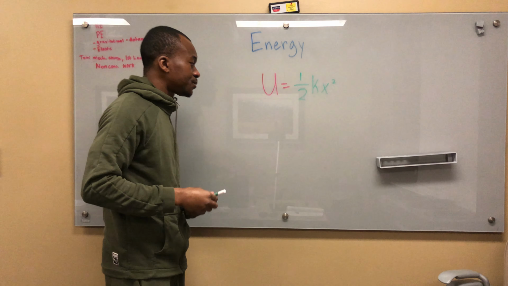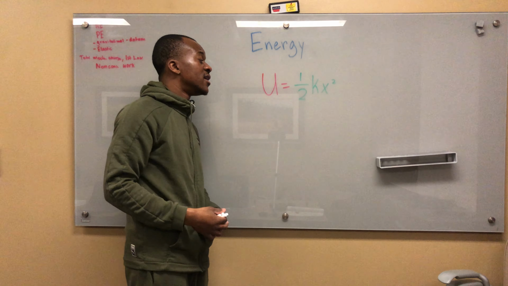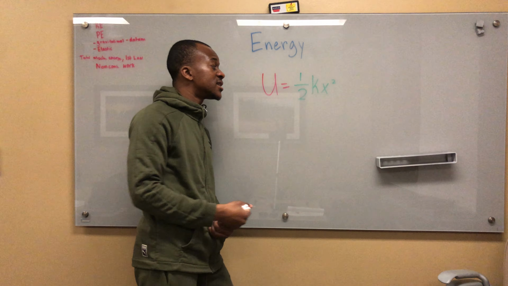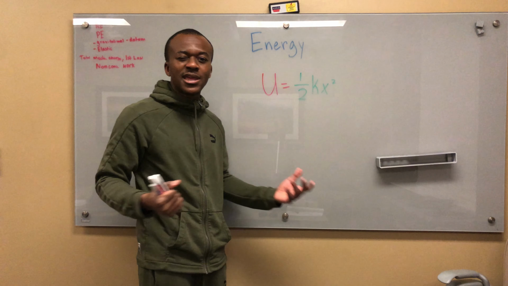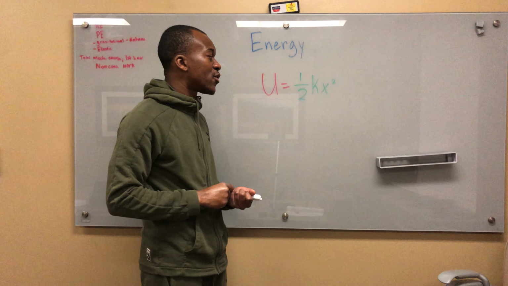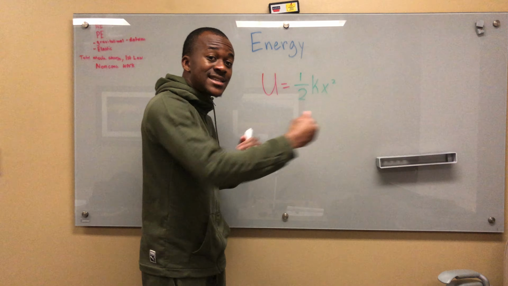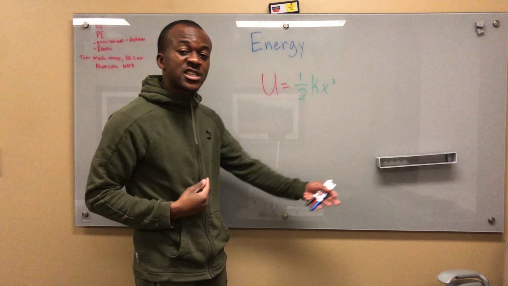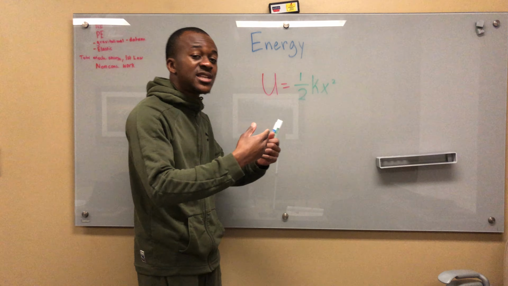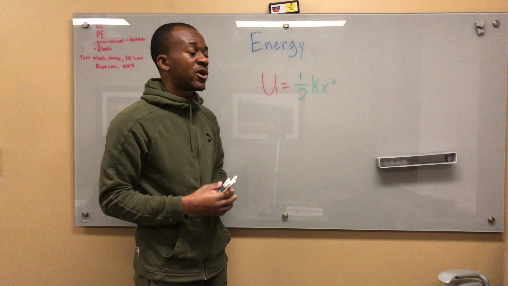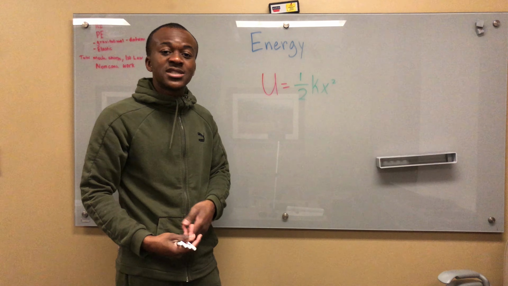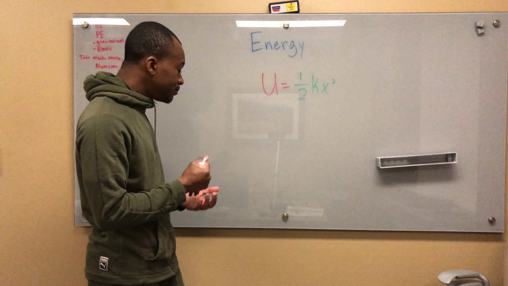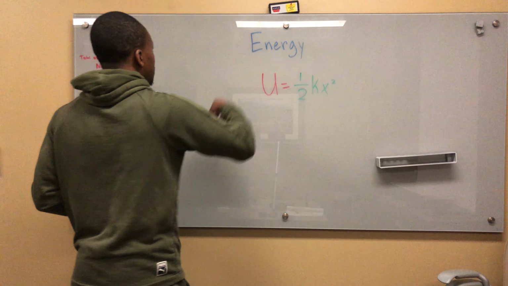Basically this is done with springs. This k is your spring constant, so it's just a measure of how stiff the spring is. This x is the distance the spring moves from its rest point. So that's what that x is. And then again, you're going to multiply those out. Same thing, joules.